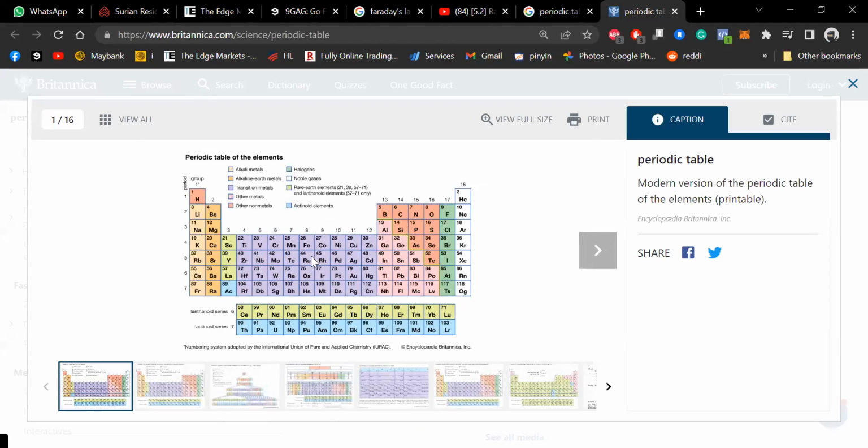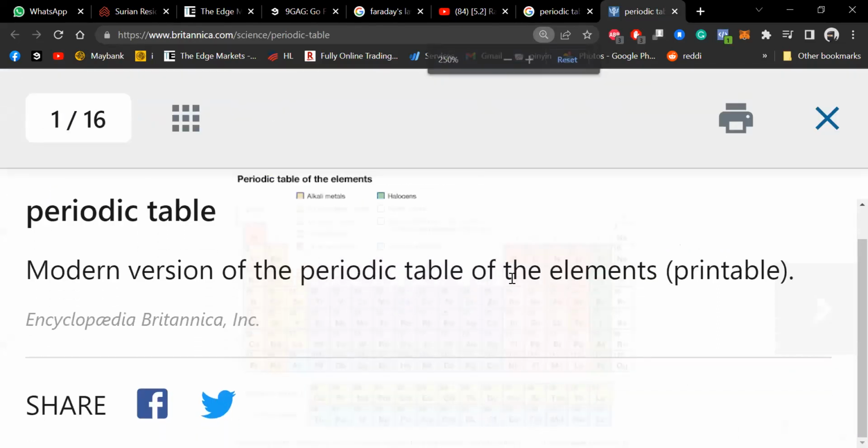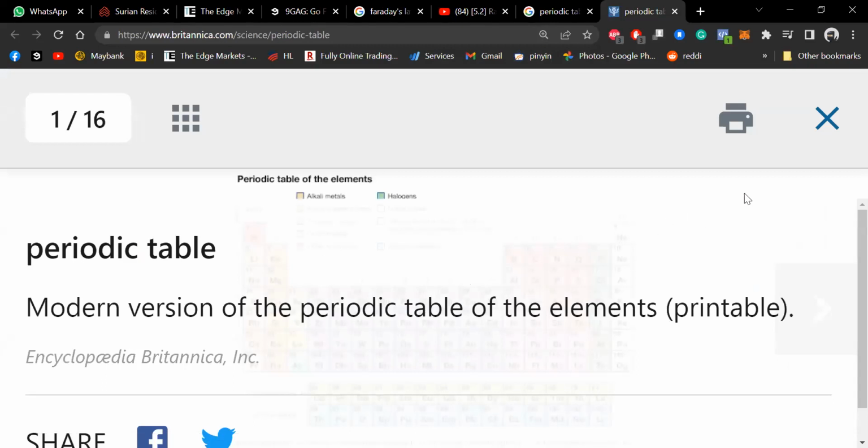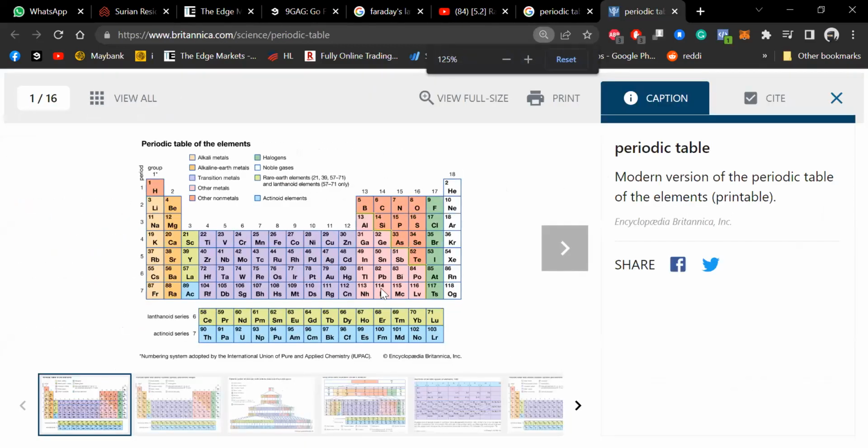It's very small. How do I make this picture bigger? So let's say, guys, just now what we were looking for. If you look at your notes, the Po was 84. So first things first, you want to check whether this periodic table is the exact same thing or not.